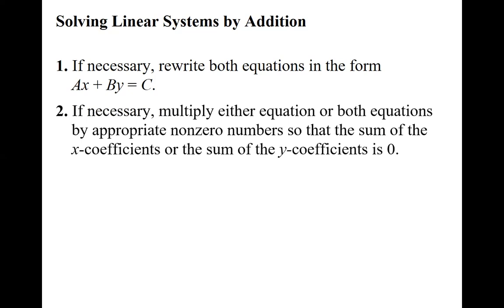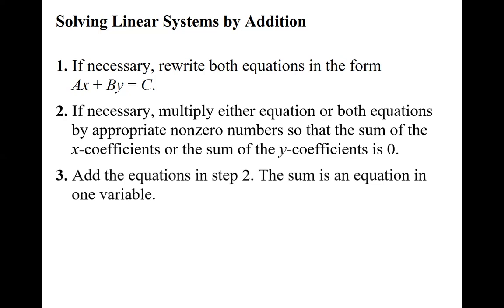Then we want to make it so that the sum of the x coefficients or the sum of the y coefficients is 0. Sometimes this naturally happens. Other times we need to multiply one or both of the equations by appropriate numbers to get that to be the case. You'll see what I mean by this when we do our example.